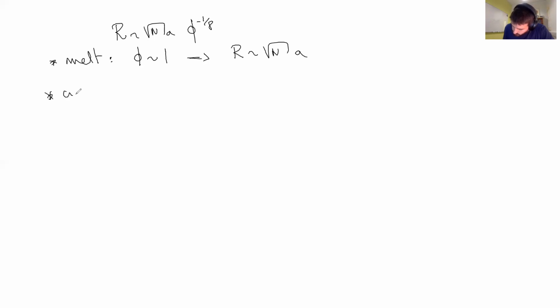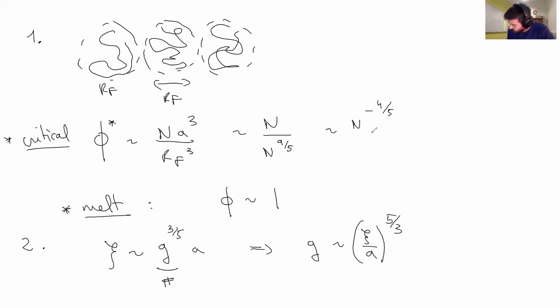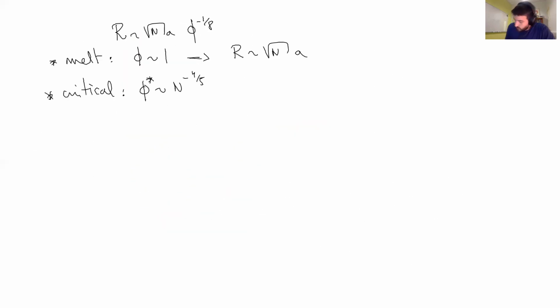And the critical point between dilute solution and semi-dilute solution is when phi star is n to the minus 4/5, if I remember correctly. Let me just check. Yes, 4/5. Therefore, it implies that R is square root of n a, and then you have phi, so n to the minus 4/5, to the power minus 1/8.